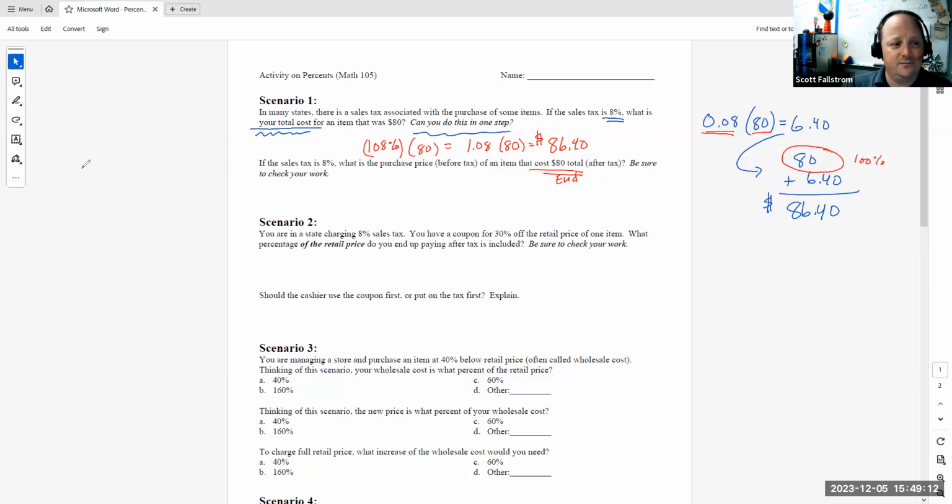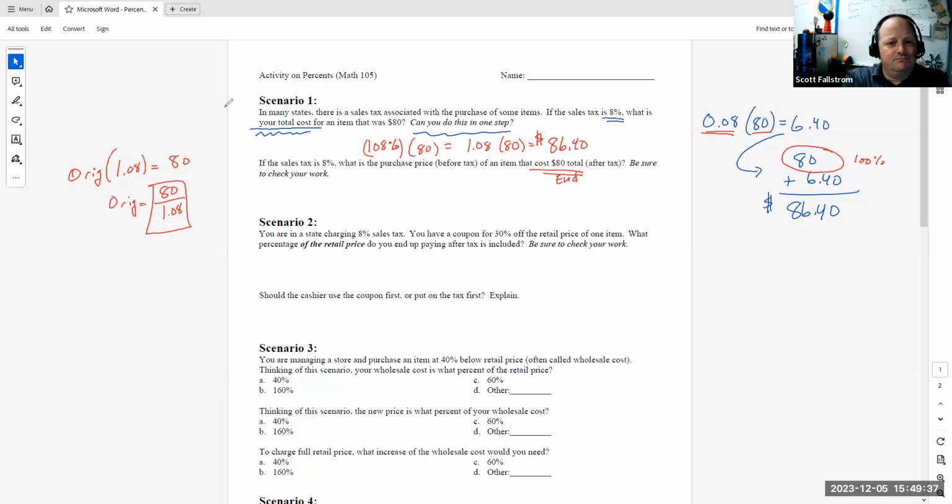And that's all you have to do, because your starting, or maybe your original, multiplied by 1.08 has to get you $80. So how do I go backwards? You would divide to get original by itself. 80 divided by 1.08. And that's how you can get there. You can grab your calculator, take a look.